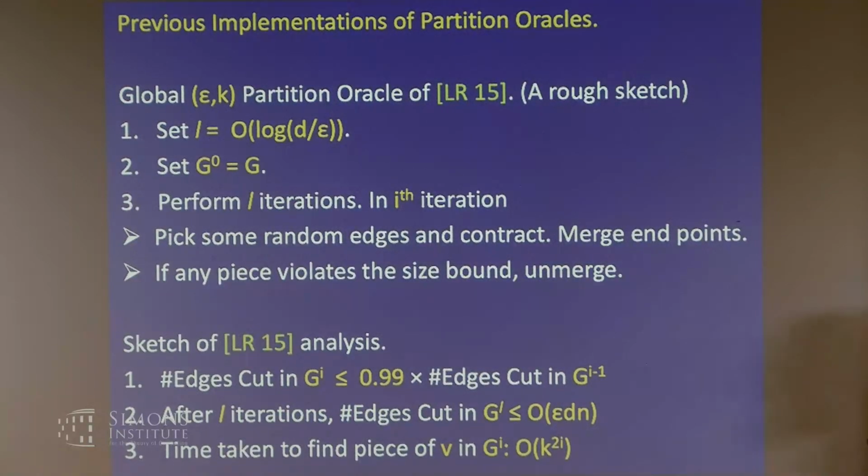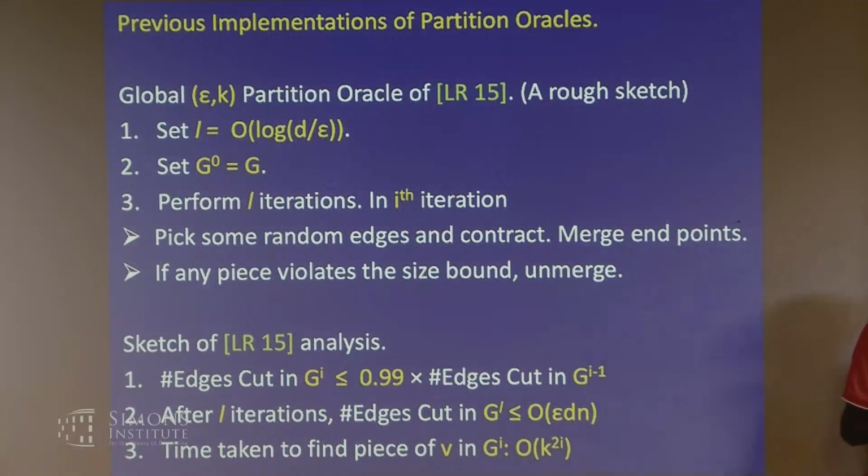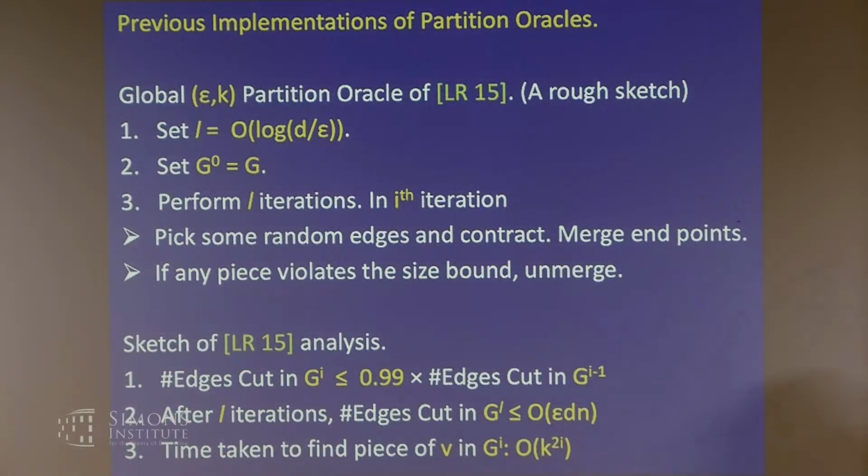It is. The idea is that these pieces are found by performing a breadth-first search of depth L around some start vertices. If that's what you believe, then your piece size is going to be polynomial in 1 over epsilon. It's a bounded degree graph, max degree d. The piece size will not exceed d to the L.